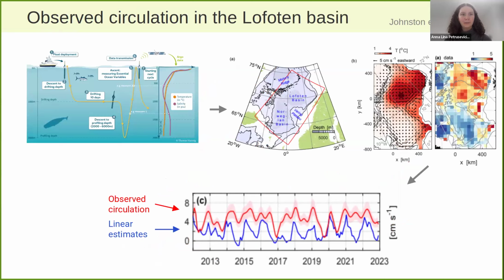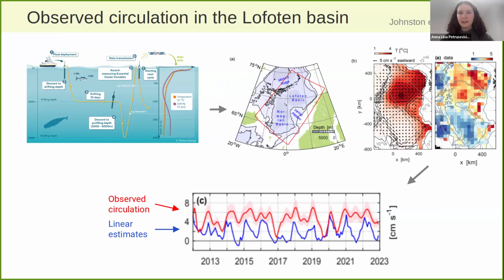An Argo float is an autonomous device drifting with the ocean currents. And at regular intervals, it ascends to the surface, measuring temperature and salinity and transmitting data via satellite. And this gives us valuable information and observations from regions which are otherwise very hard to observe.